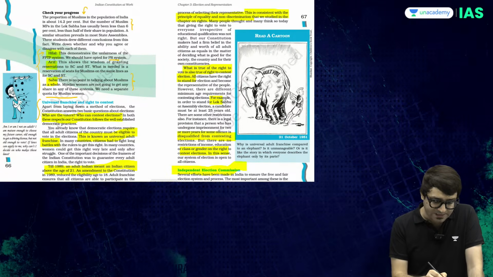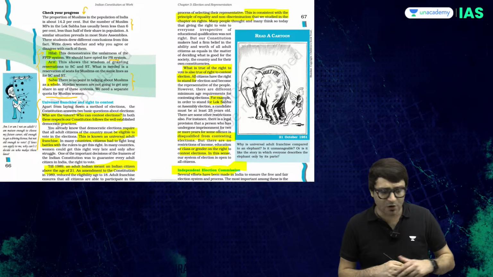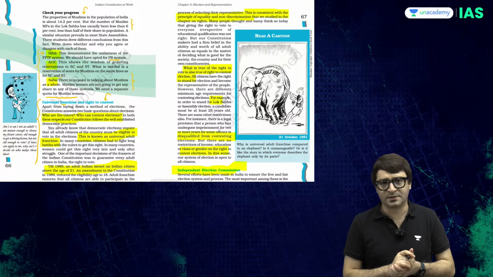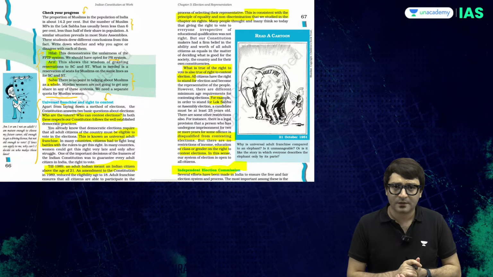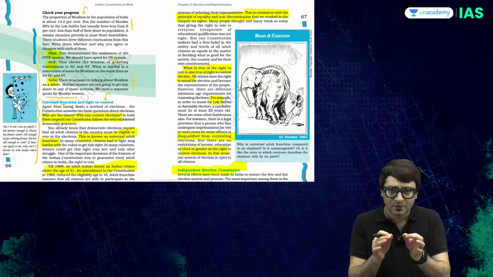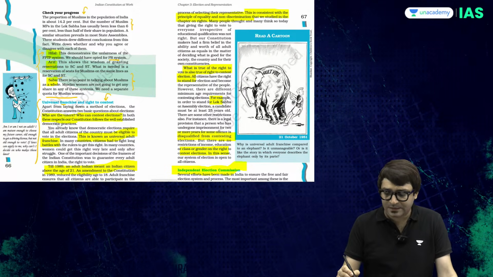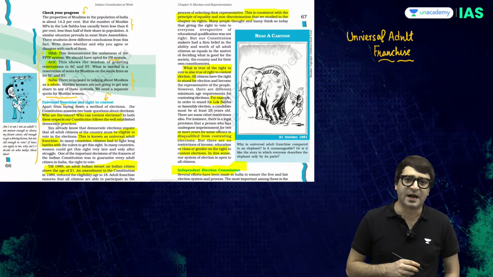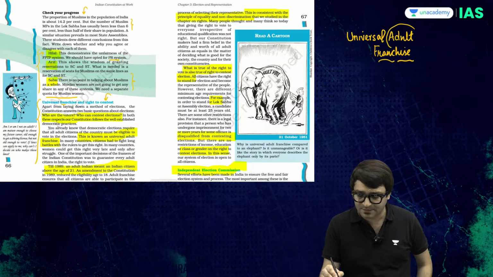But now let's look at another very important aspect called universal franchise and right to contest. The Constitution said we are going to give the right to vote to every adult.